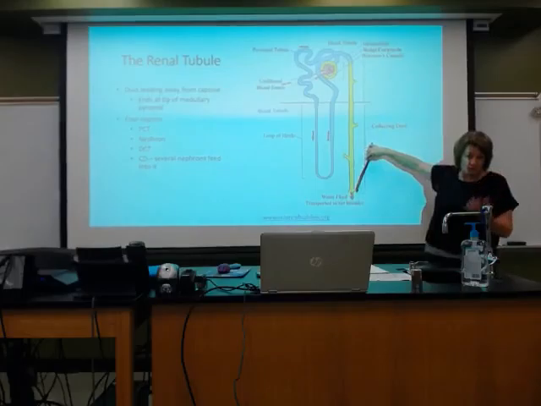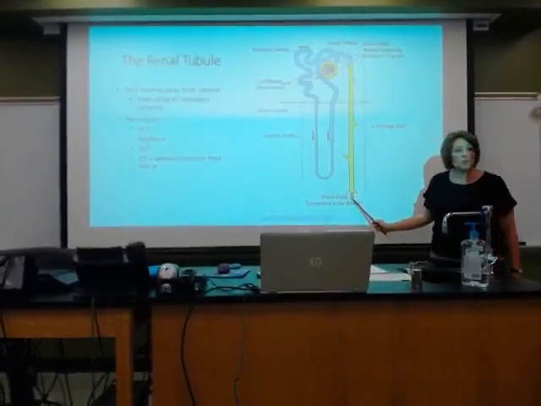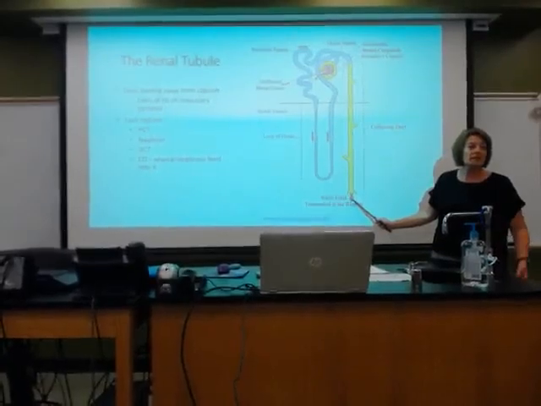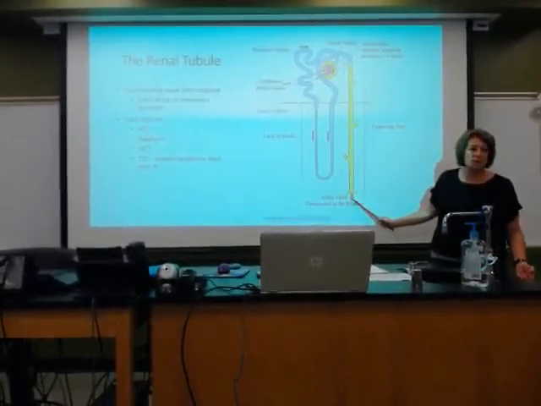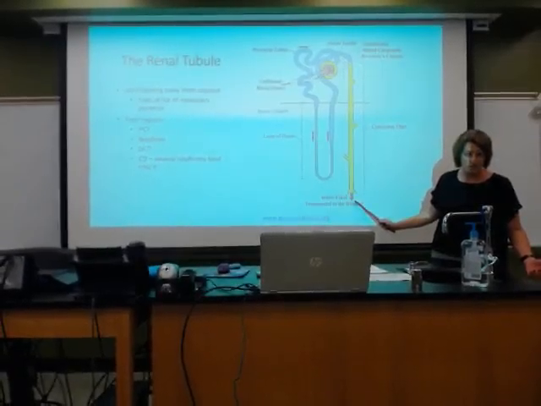Do you guys remember that? All the calyces and so forth, okay? So that by the time we get to that point, urine is the composition it's supposed to be before it hits the ureter to leave the kidney.